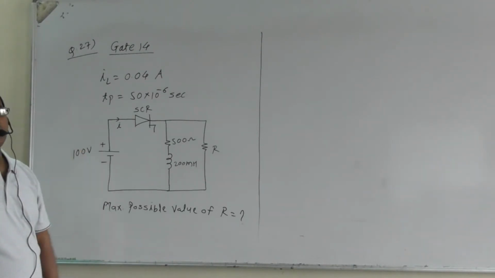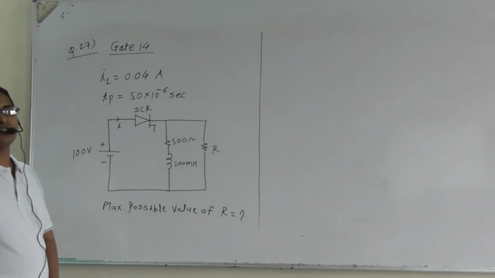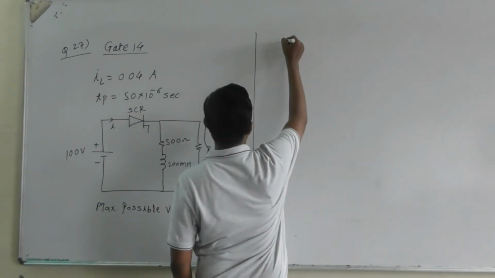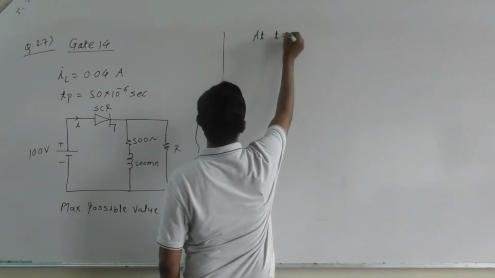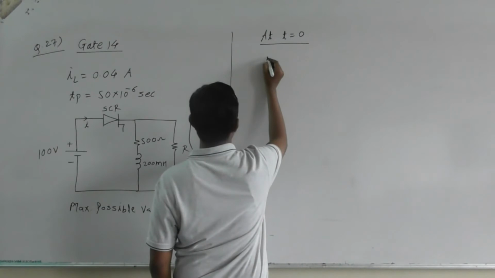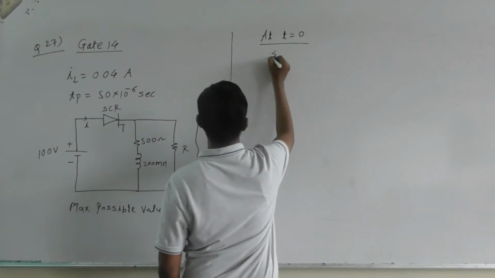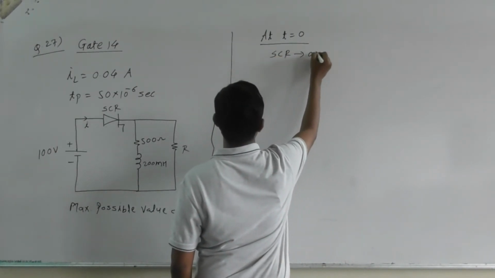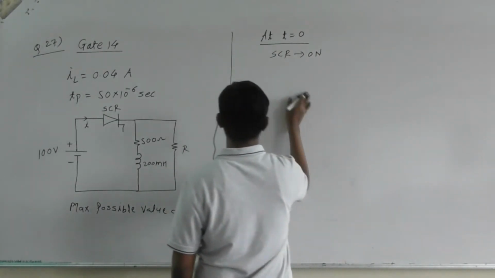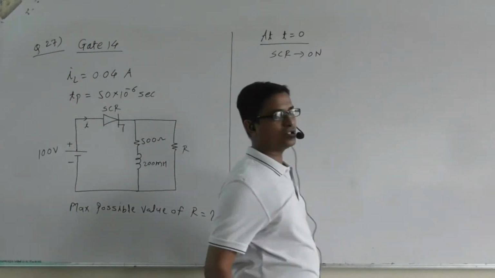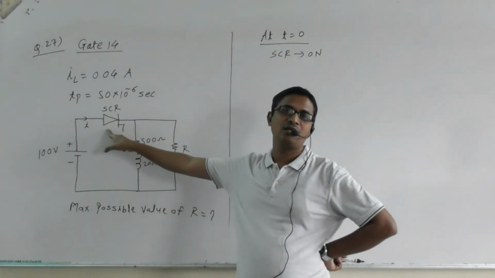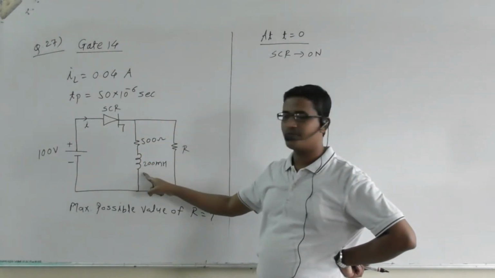Okay, so initially the SCR is in the off state, so suppose at T is equal to 0, the gate pulse is applied to the SCR, right? So the SCR will turn on at T is equal to 0. So at T is equal to 0, when the SCR is in the on state, what is the current here?